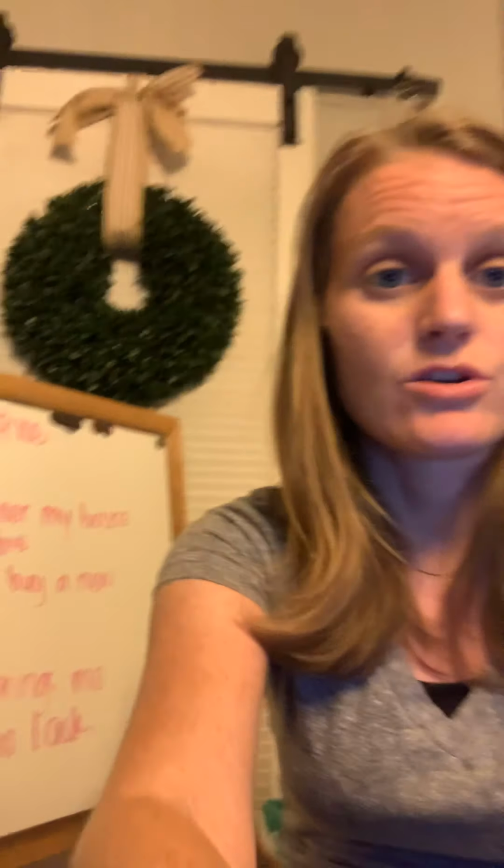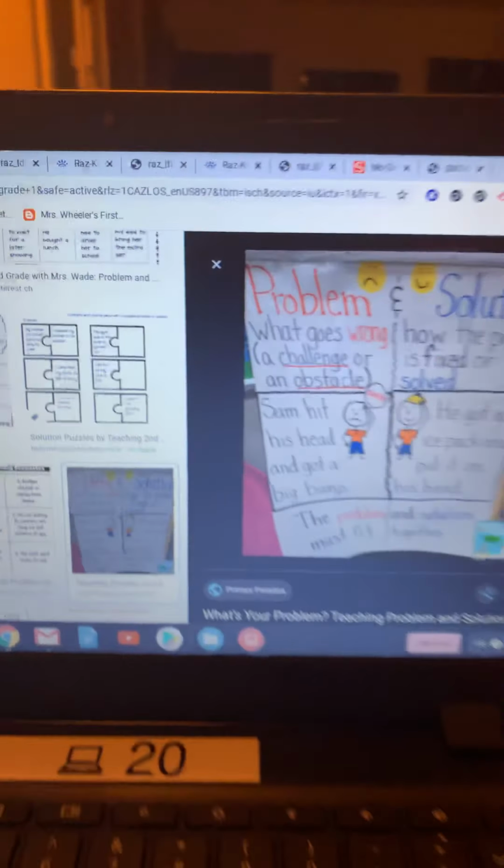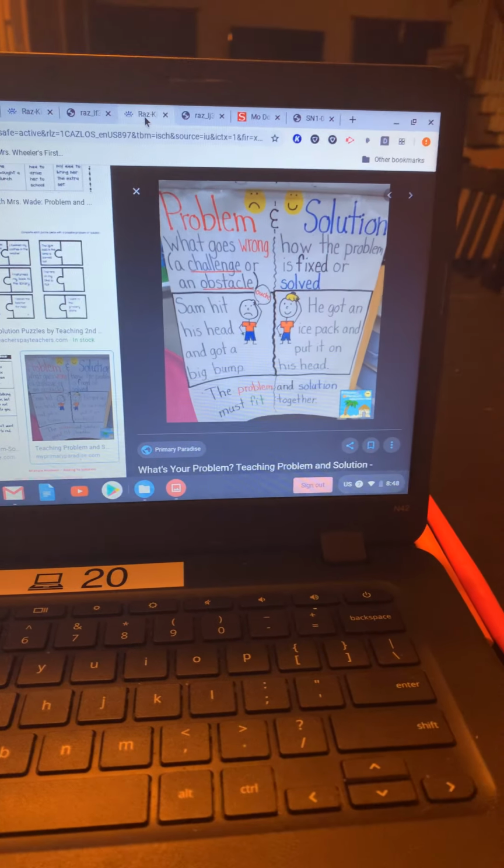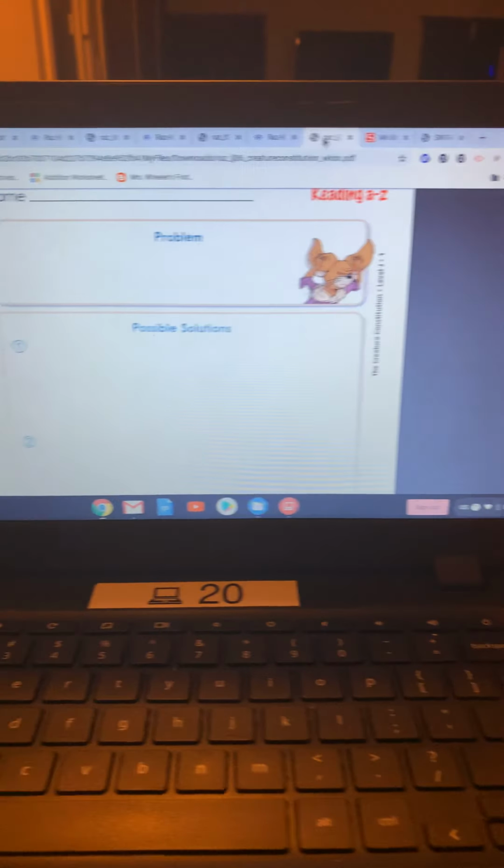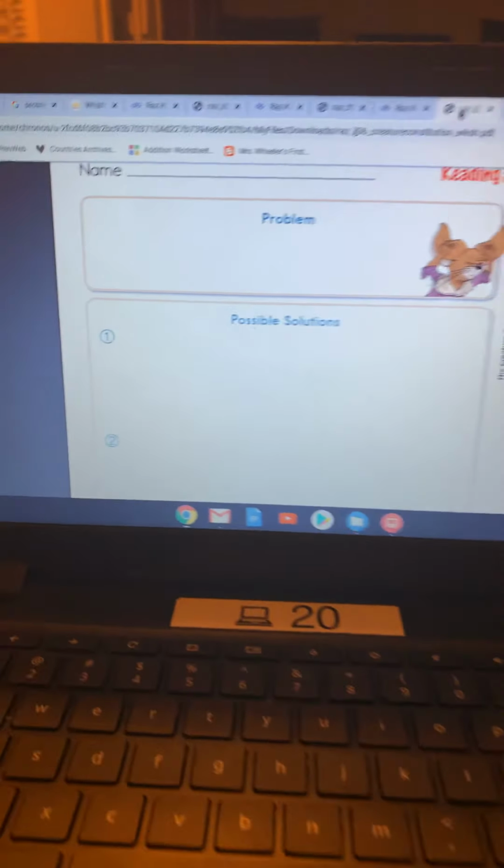Okay, so in your story that you read, The Creature Constitution, there was a problem. And so you are going to need to copy this, I've got to flip through all my different screens, find the right one. You are going to need to write on your paper problem, and you could do it the way I did it too if you want, but you're going to need to write problem, and then you're going to need to write possible solutions and come up with 2, and then tell me what the real solution was for the problem.